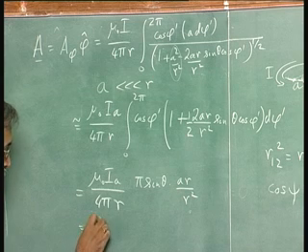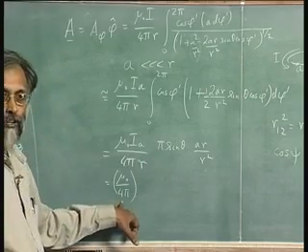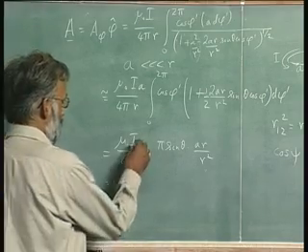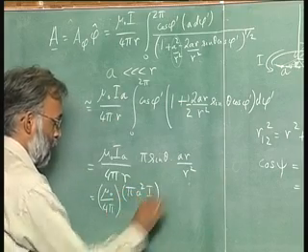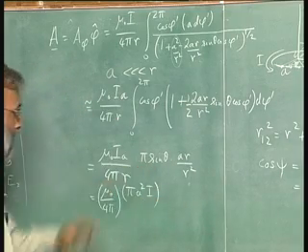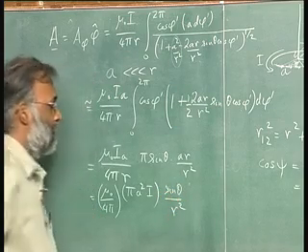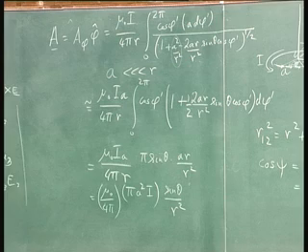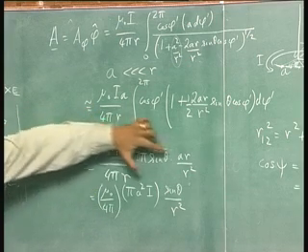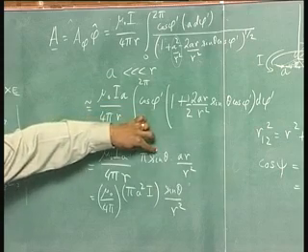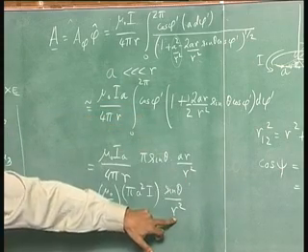So, I get mu naught over 4 pi, that is still my normalization constant for the magnetic field. Then I have pi a squared I, and then I have a sin theta divided by r square. So, I have taken care of mu naught over 4 pi, pi a squared I sin theta, and there is an r cubed in the denominator and r in the numerator. So, I am left with r square.